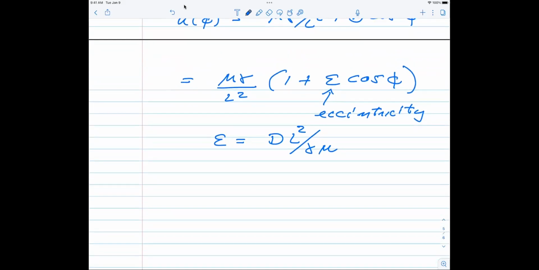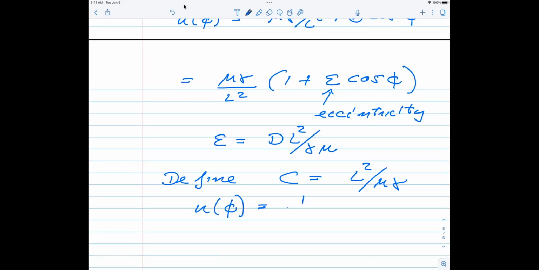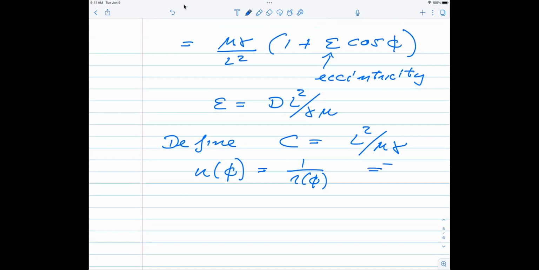Next, what I do now is to define a new constant. This is just playing around and wanting to rewrite the equations. So I define a constant c, which is given by L squared divided by mu times gamma. And then I know that u of phi is equal to 1 over r of phi. So I can rewrite everything.